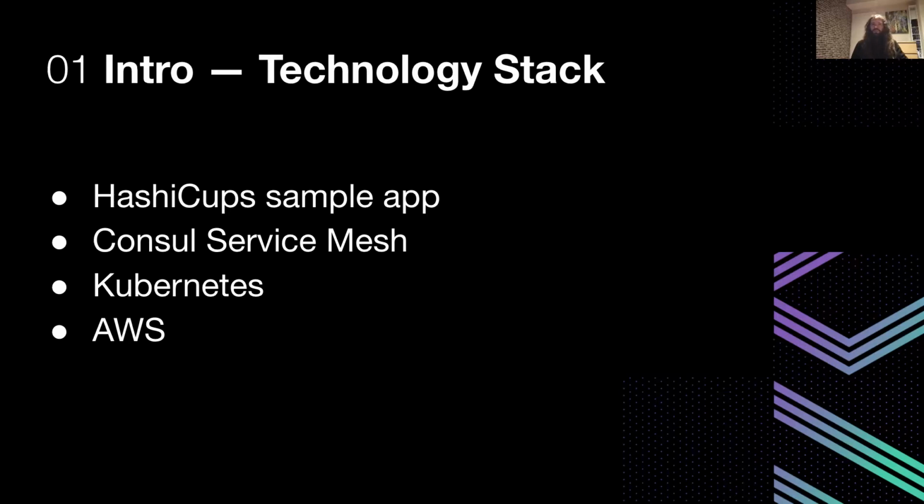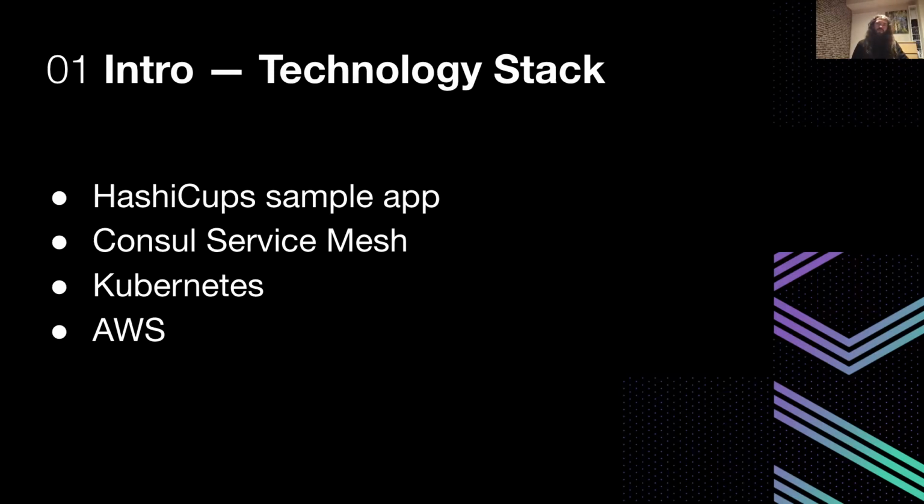HashiCups will use the Consul Service Mesh for networking connectivity between its microservices, and both of them will be deployed on top of a Kubernetes platform. Kubernetes flavor is going to be EKS and will run in an AWS instance in a cloud.